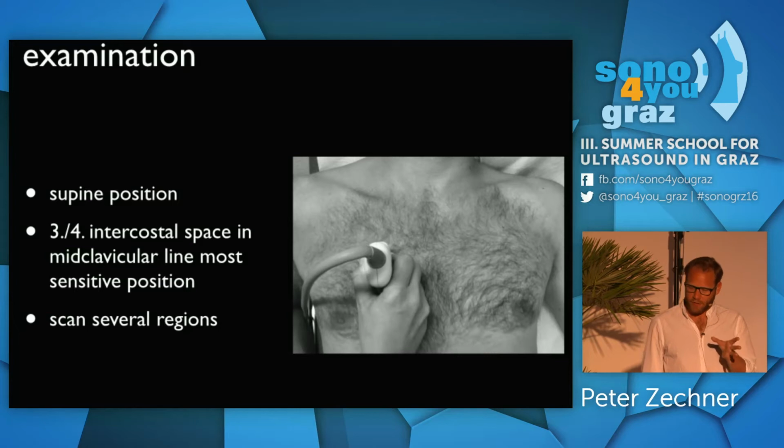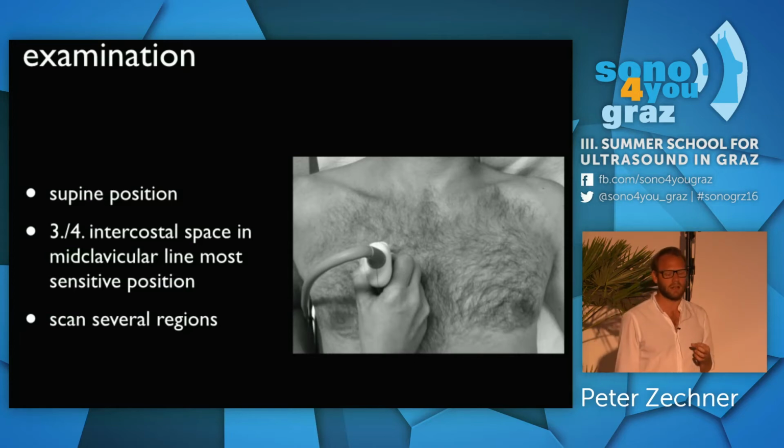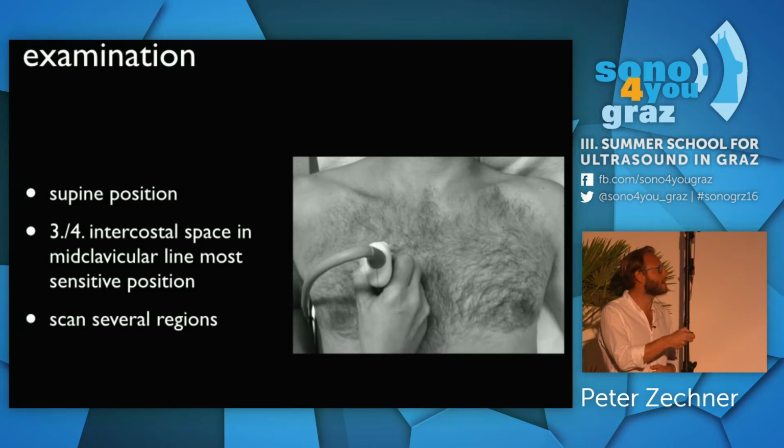Scanning the third or fourth intercostal space in the mid-clavicular line is probably the most sensitive position, but of course, if we have time and the patient is not in a too critical condition, we should scan several regions to get a higher sensitivity and specificity. Okay? So we put our probe on the anterior chest wall in the mid-clavicular line on a supine patient.